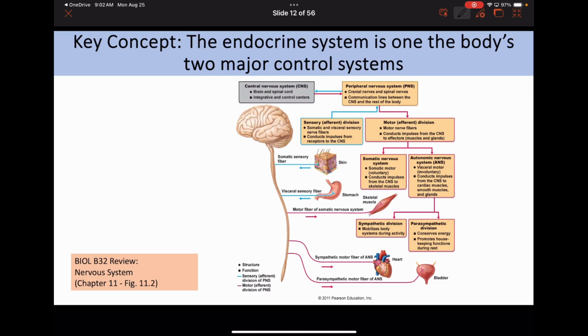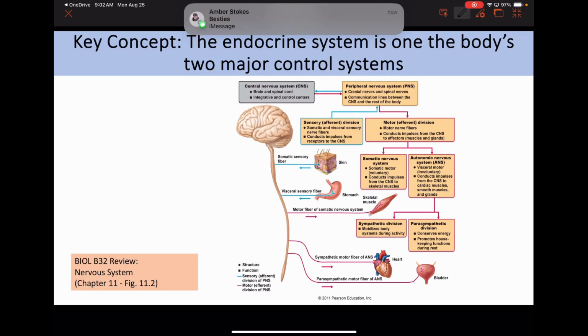So make sure you remember our central nervous system is just the brain and spinal cord. The peripheral nervous system is the nerves that are going to communicate from the central nervous system to the rest of the body. We have a sensory division that brings in information, a motor division that executes out different actions through our effectors. Remember, we have effectors that carry out responses.